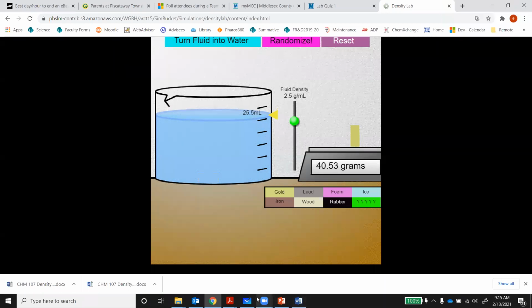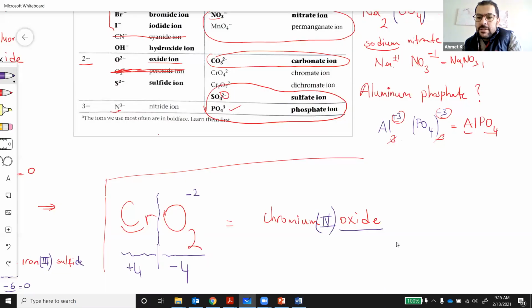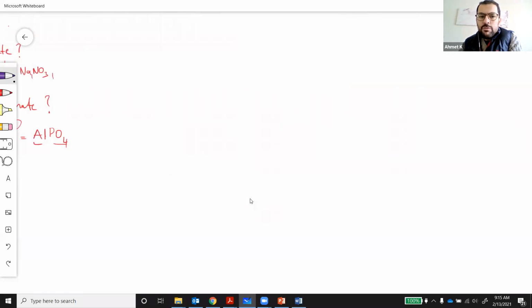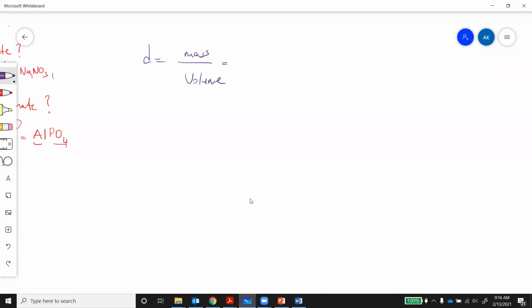Okay, so now let's go to a clean page. How can you find the density? Density is equal to mass over volume, correct? Mass we usually write in grams, and volume in milliliters.